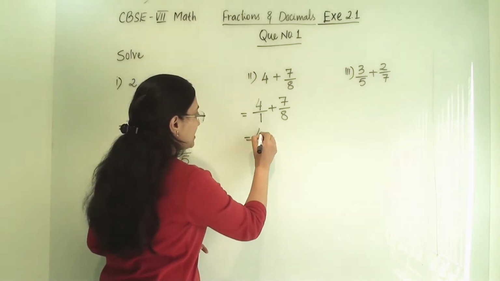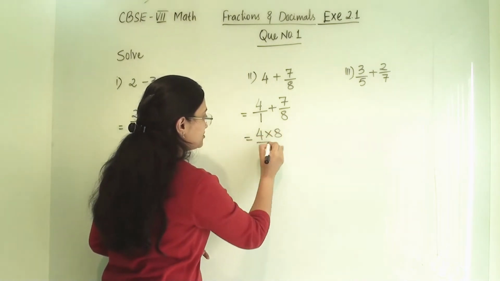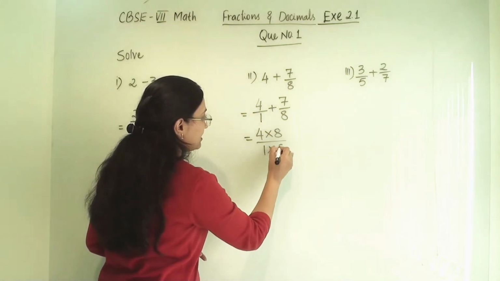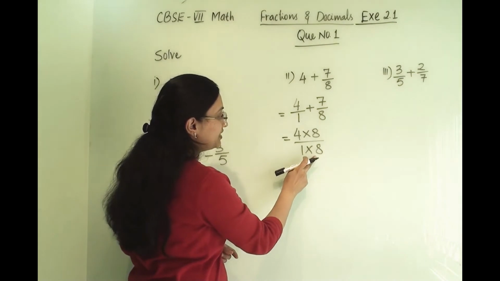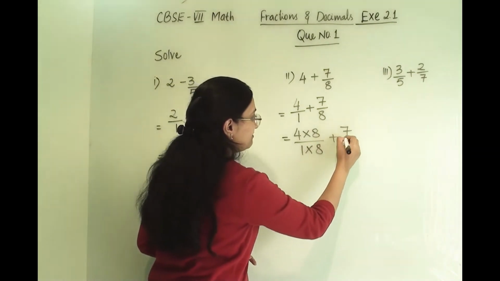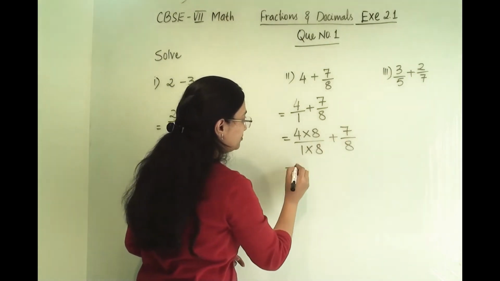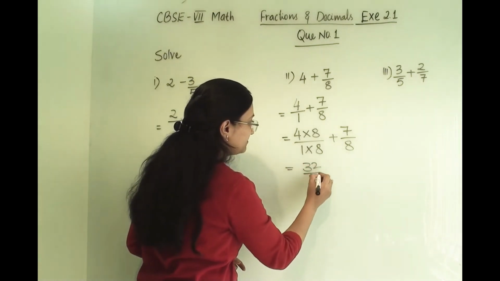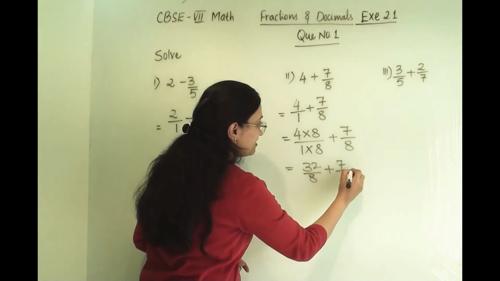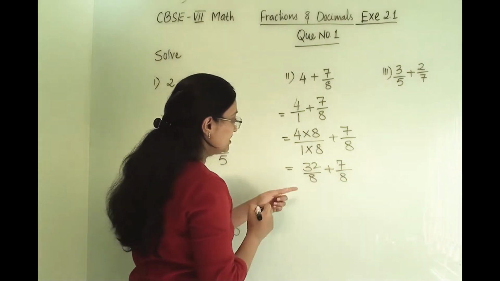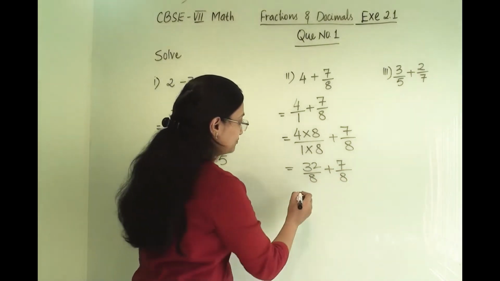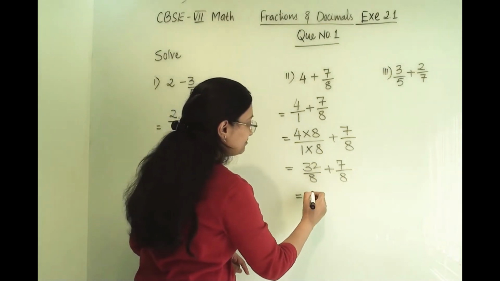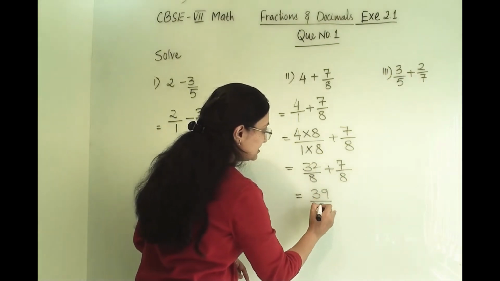We are converting this into like fraction by multiplying above and below with the number 8. Then 7 divided by 8. The product of this multiplication is 32 divided by 8 plus 7 divided by 8. Now we can add these 2. So 32 plus 7 we will get 39 divided by 8.